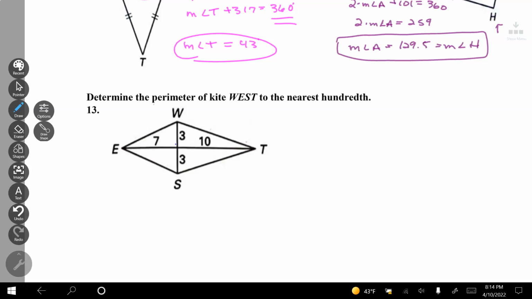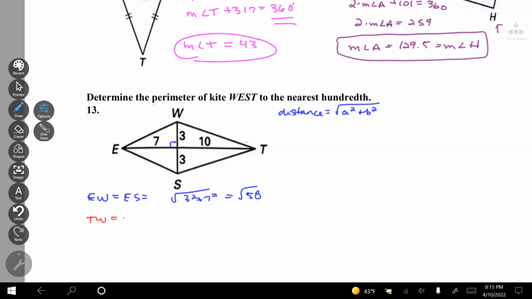So I can use the Pythagorean theorem. I can use my little distance formula. It's equal to the square root of one side squared plus the other side squared. So EW, which is the same as ES, is equal to the square root of 3 squared plus 7 squared, which is the square root of 58.